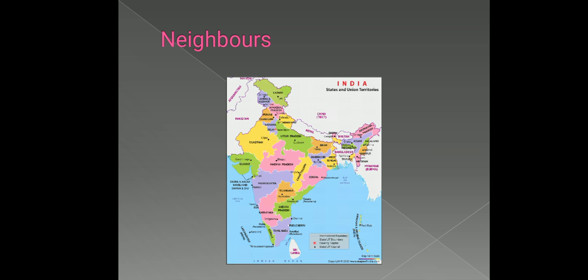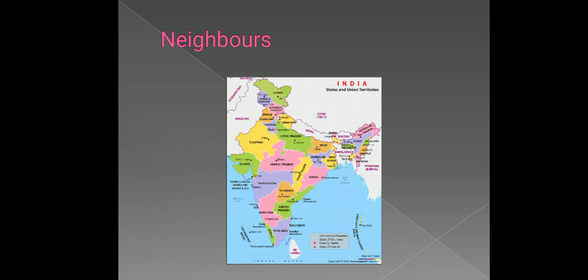Here you see the map of India. If you see the neighboring countries, in the east, Bangladesh and Burma are our neighbors. In the north, we have Bhutan, Nepal and China as our neighbors. On the western part of India, we find Pakistan.